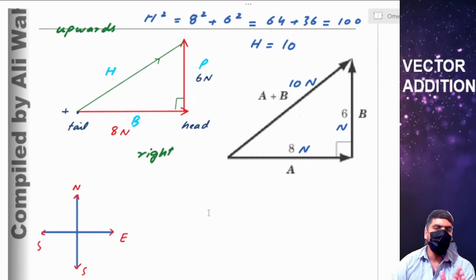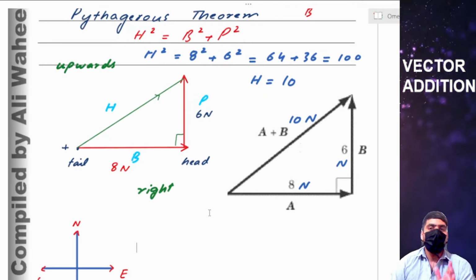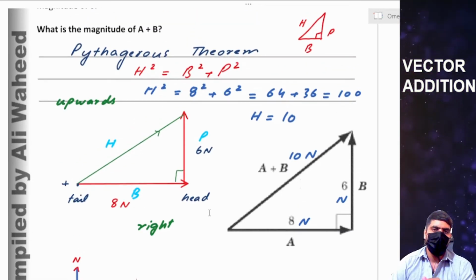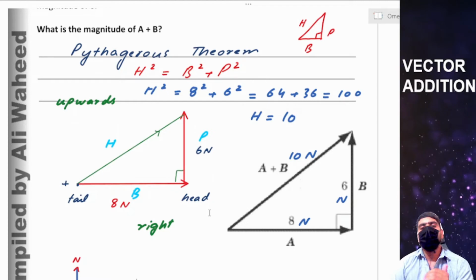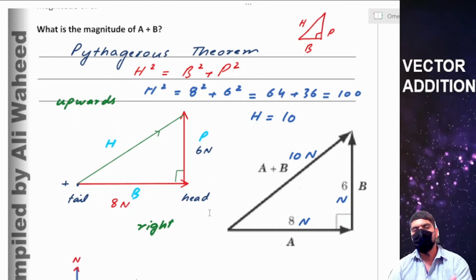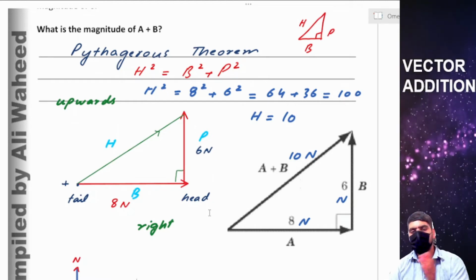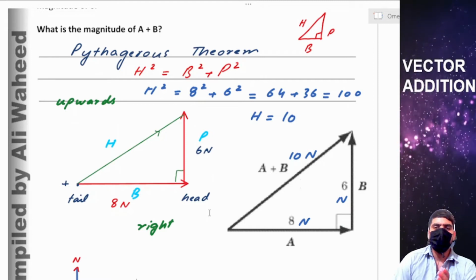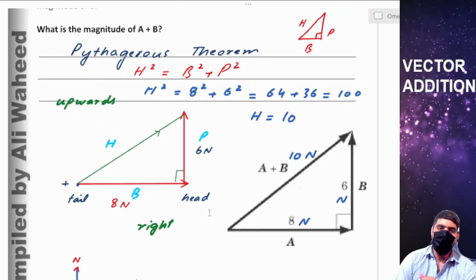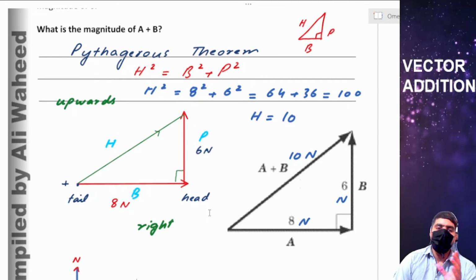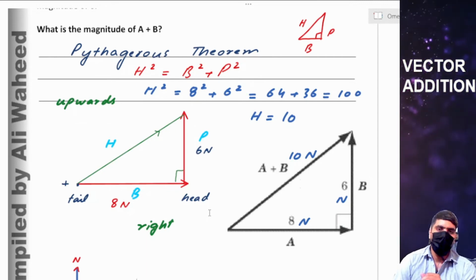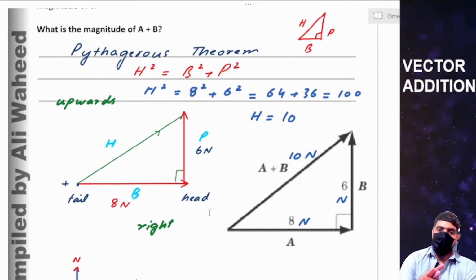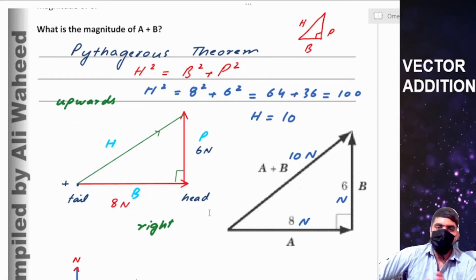And what is the value of that resultant vector? 10 newtons. Since we have assumed the vector in this case is force, that's why I'm saying newtons. So the value of the resultant vector is 10 and its direction is northeast. And you see, the answer for the resultant vector is not 14.